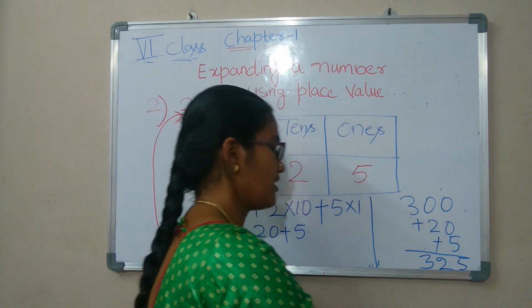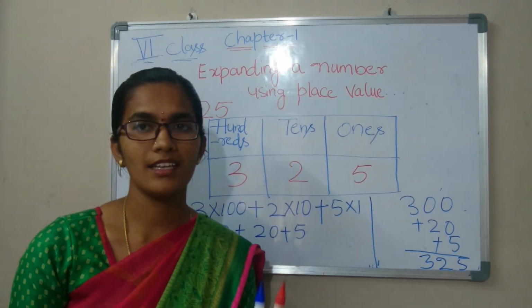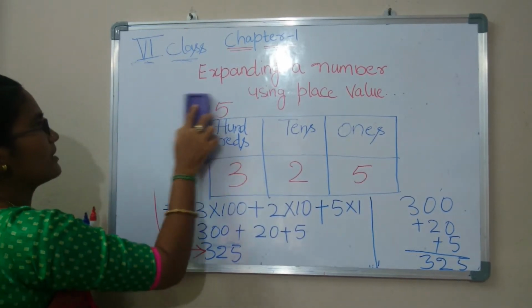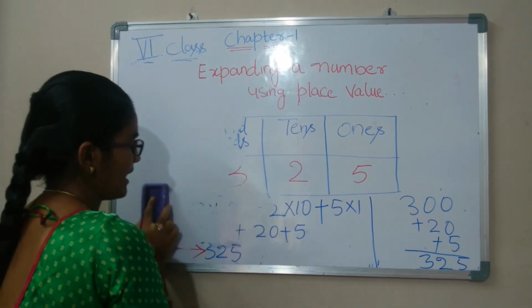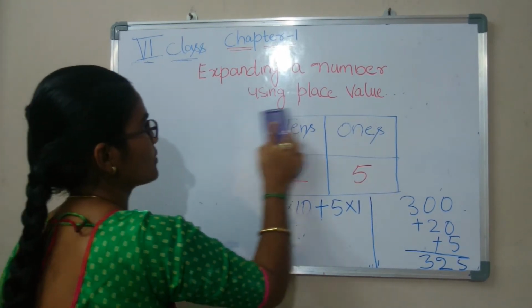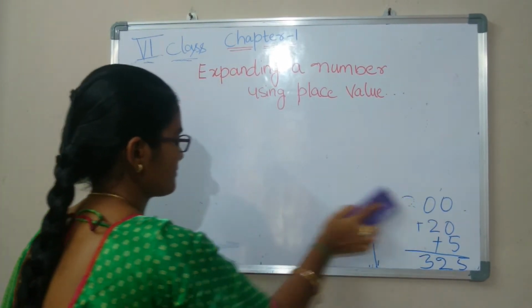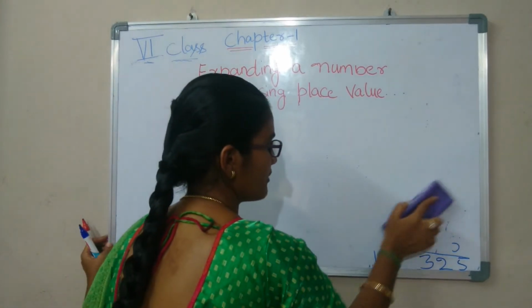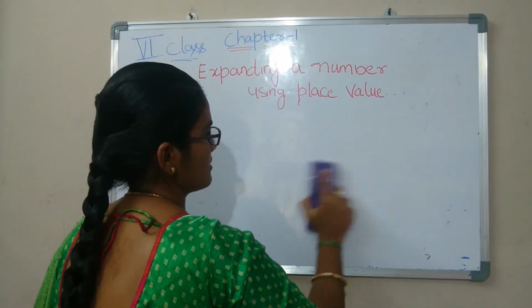Now I am going to explain another number, expanding by using place values only. The next number we will take up to thousands.